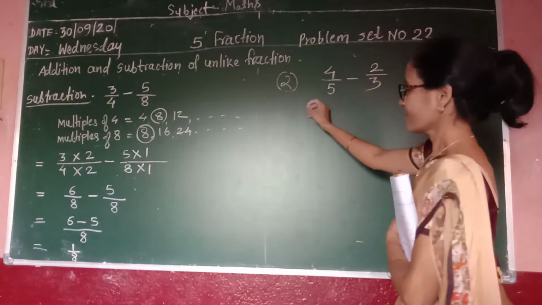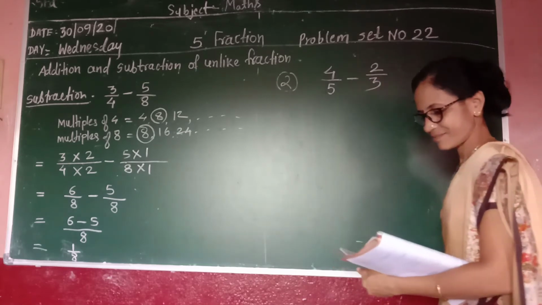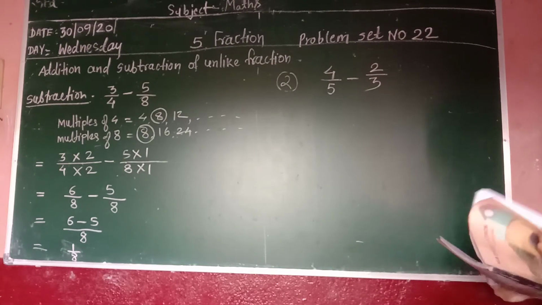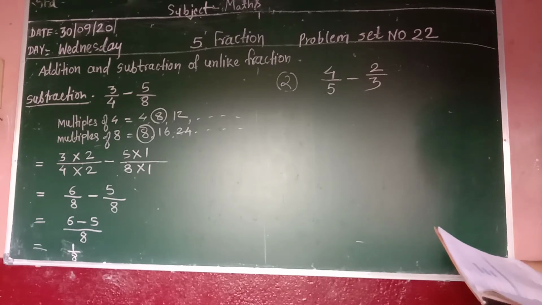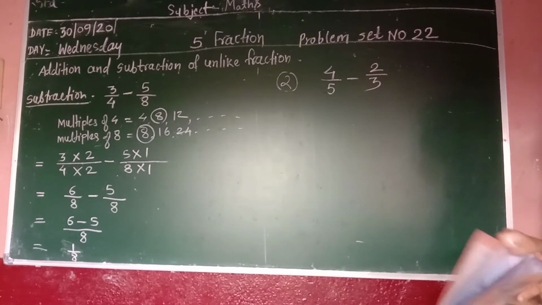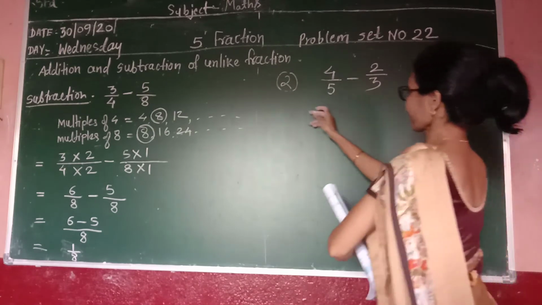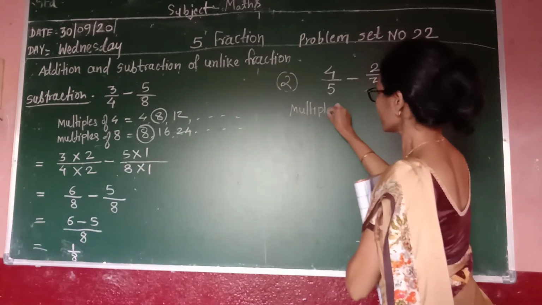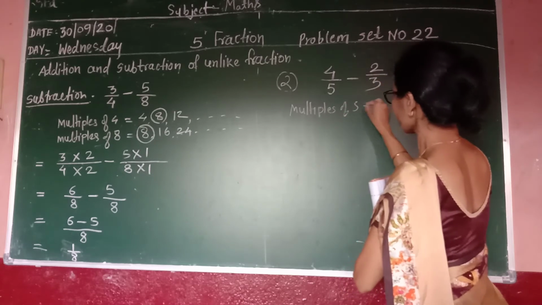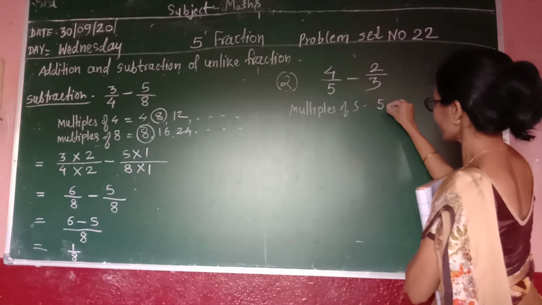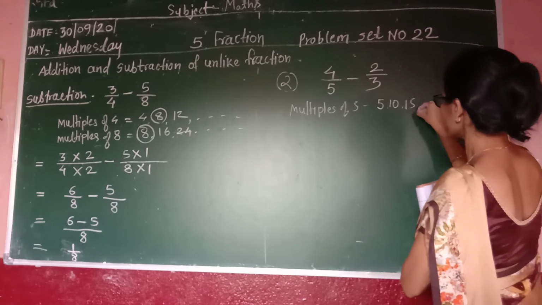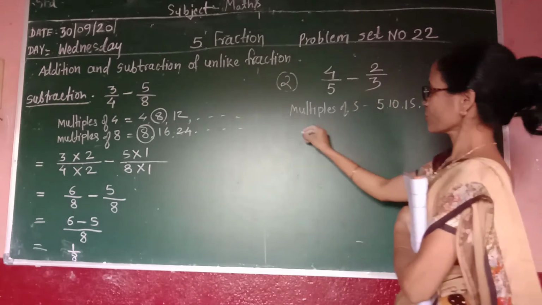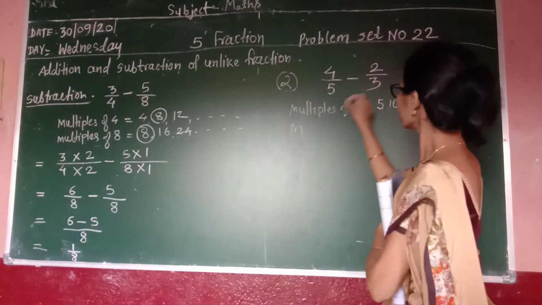Look here. Write down the multiples. Multiples of 5. First of all, it's an easy way. Write down the 5 table. 5 1s are 5, 5 2s are 10, 5 3s are 15. Like this. Then multiples of 3.